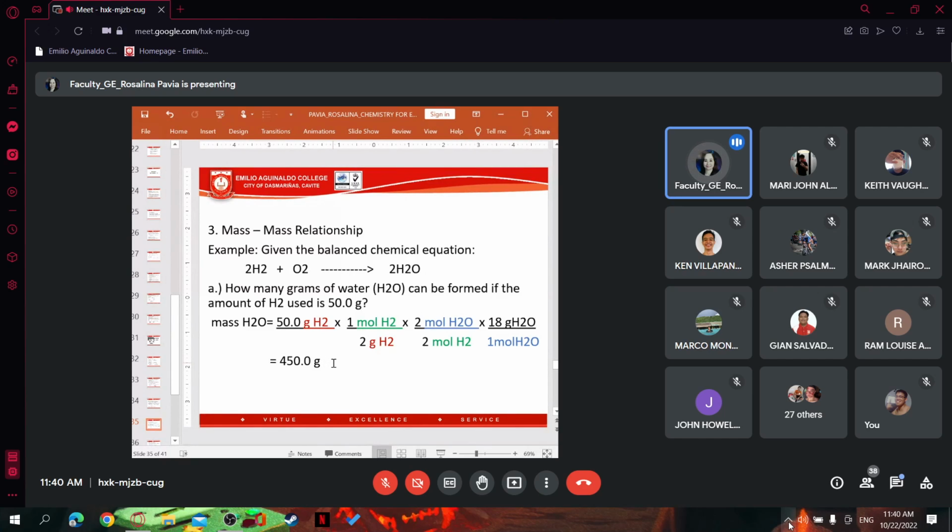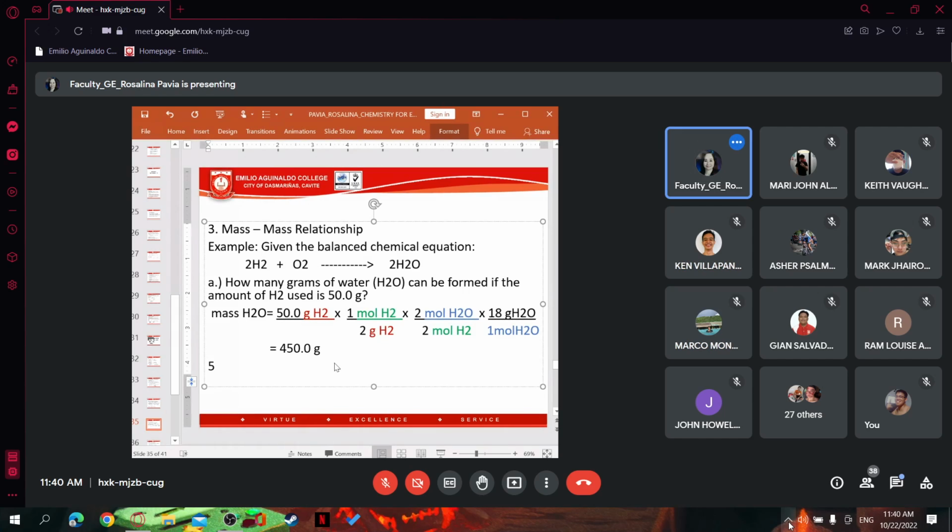Okay, let's compare using mass. Let X be the amount of water. So, let's start with 50 grams of hydrogen over 2, the coefficient of hydrogen, times the atomic mass, 2 because there are 2 hydrogens, equals X over the coefficient of water, 2.